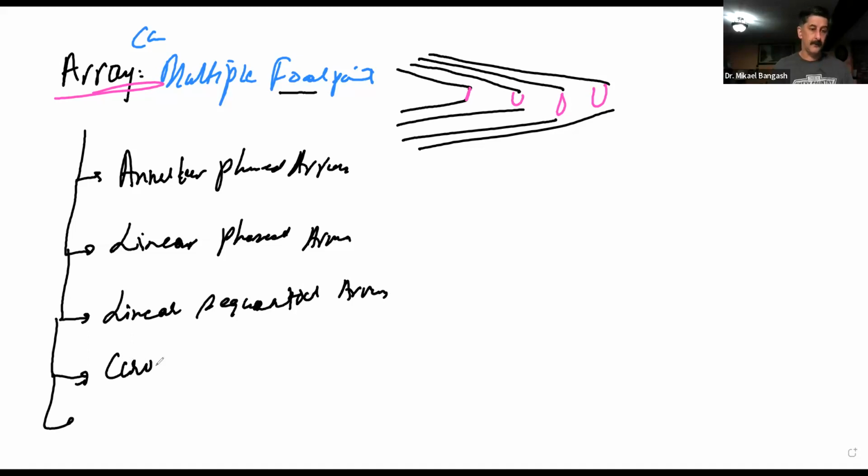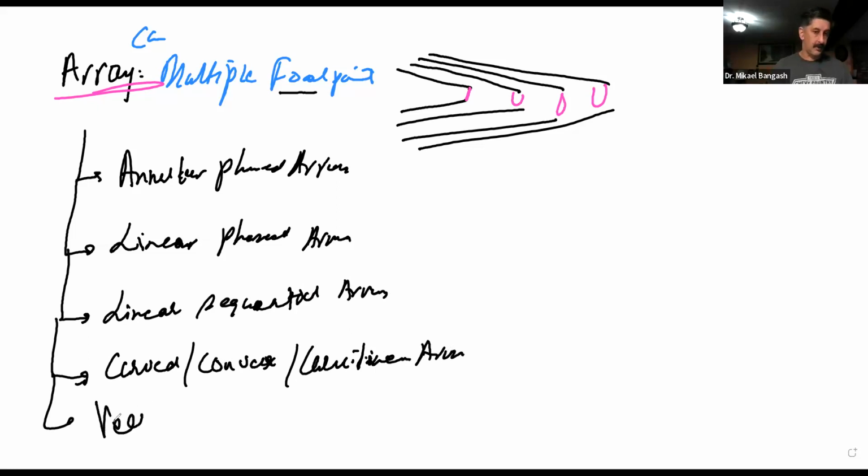Then we have the curved array, which can be called convex, or curvilinear. And last is the vector array, also known as a virtual array.